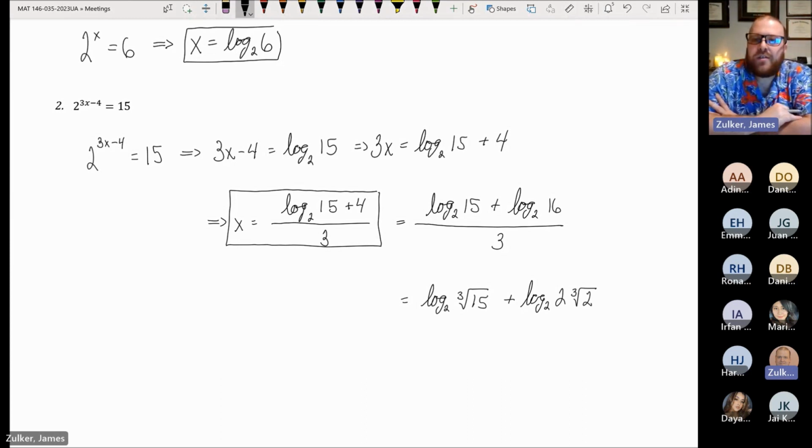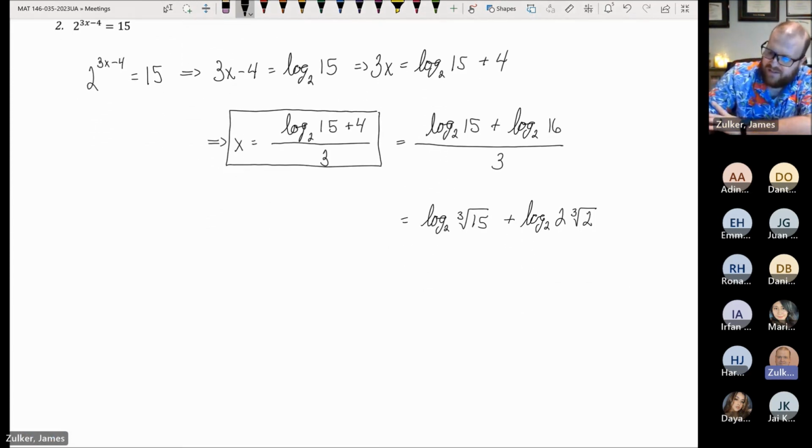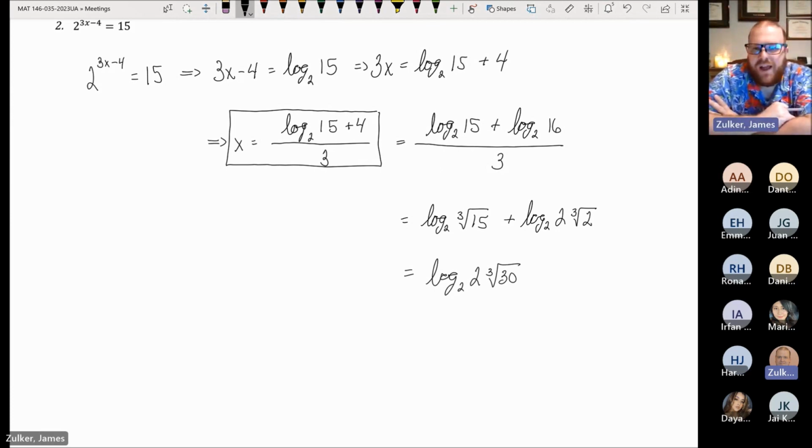The 1/3 scalar multiple raises each of 15 and 16 to the 1/3 power, so cube root. So we get cube root of 15 and cube root of 16, which is 2 cube root of 2. Which then combine to give you log base 2 of 2 cube root of 30.